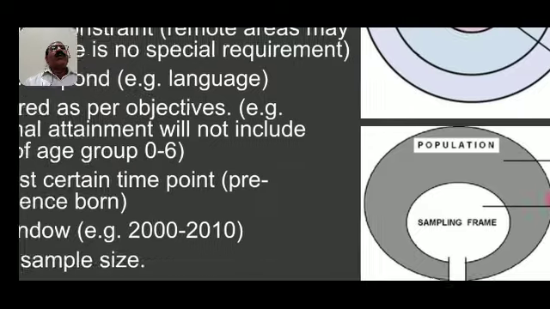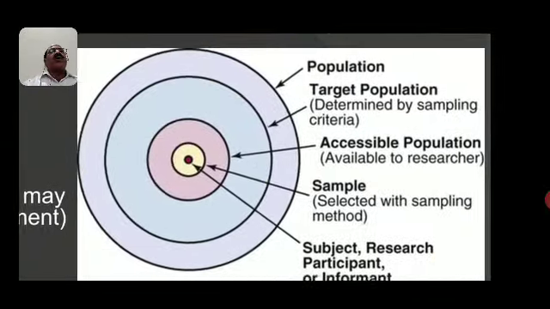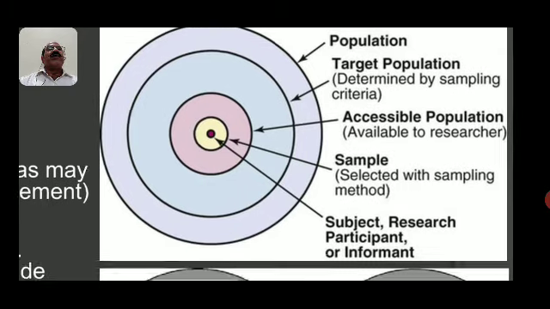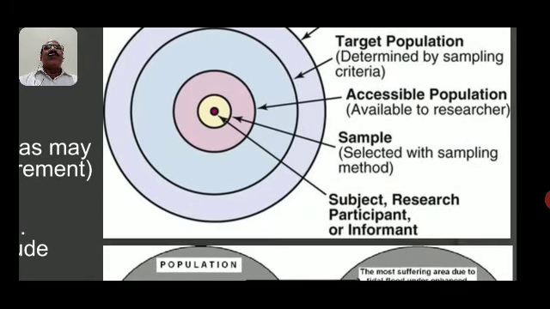If you see, it goes like this. Say you have the whole as a population, then determined by the sampling criteria, you have the target population, then you have the accessible population, then the sample. Out of this sample, every participant or respondent is the subject or the focus one.